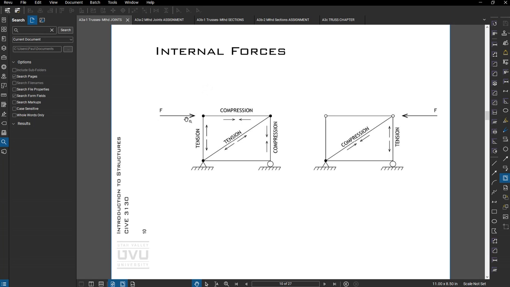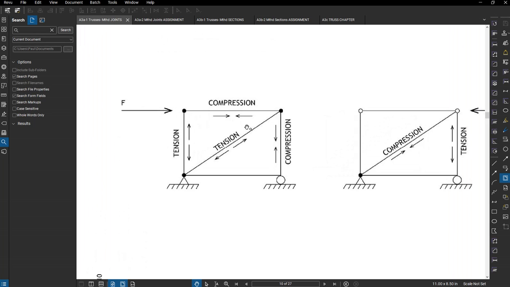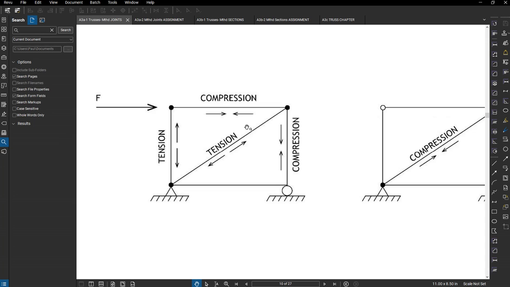The next thing we need to do is find the internal forces in our truss so we can size the members. So if I have a truss like this and a force coming from the left, as that force enters the system, I want to know what are these forces, compression or tension, and what are the magnitudes? Is it 500 pounds or 50,000 pounds, or possibly more? So the first thing is to start to visualize how the force moves through the truss.